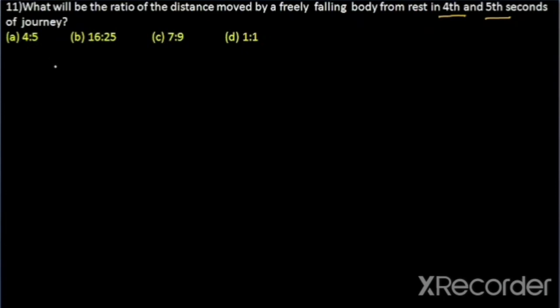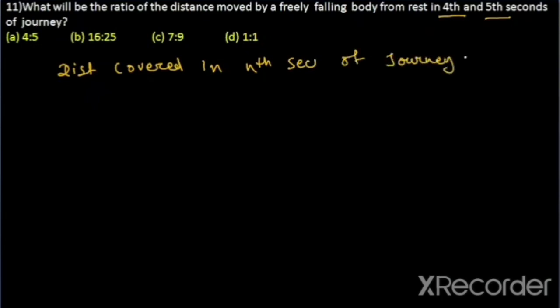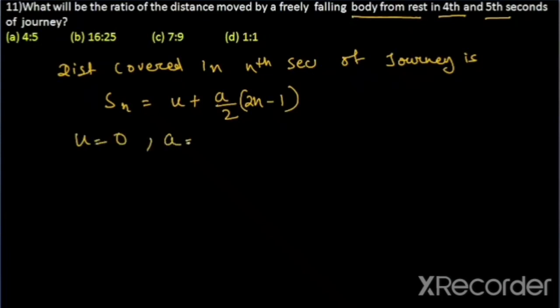We know there is a formula: distance covered in the nth second of journey is Sn is equal to u plus a by 2 into (2n minus 1). Moved by a freely falling body from rest means u is equal to 0. Acceleration due to gravity, a is equal to g.